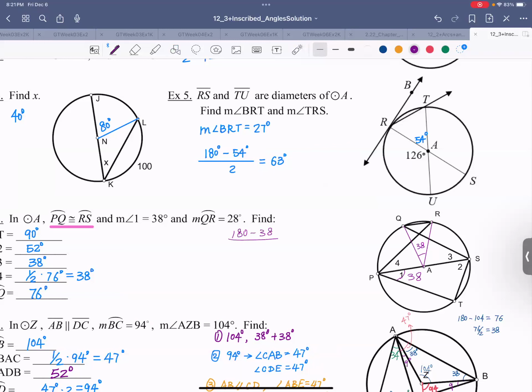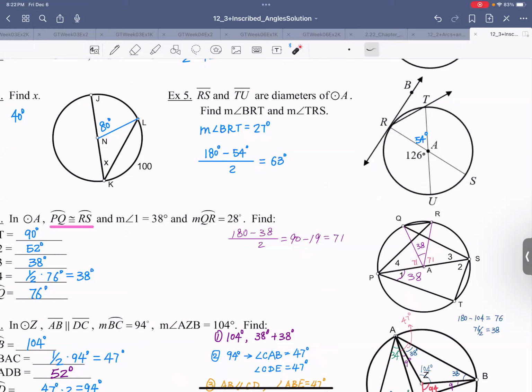No, so this divided by 2, which is 90 minus 19, which is 71. Correct? 71. So you mark here 71, 71. So far so good? Okay. And then if this is 71 and this is also 71.